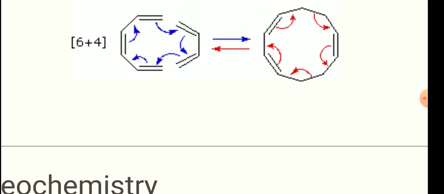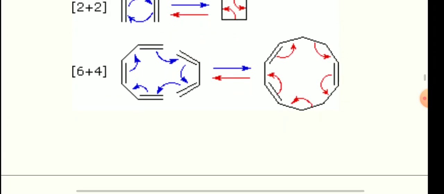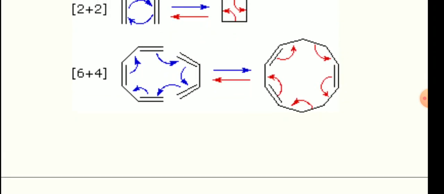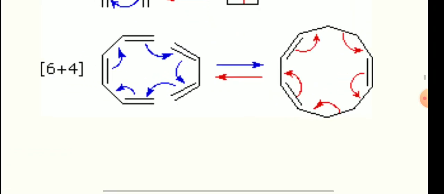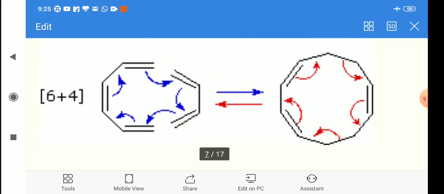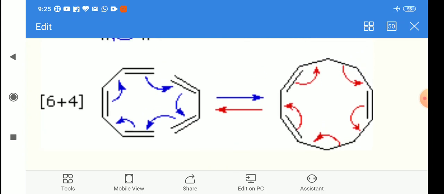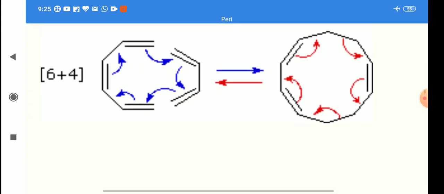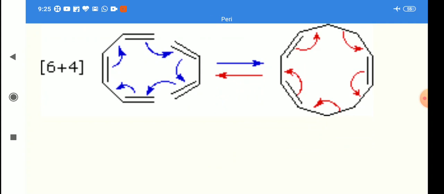Now another big ring which is very difficult to form, because if you consider the numbering, 1 2 3 4 5 6 and 4, so it is a 10-member ring.